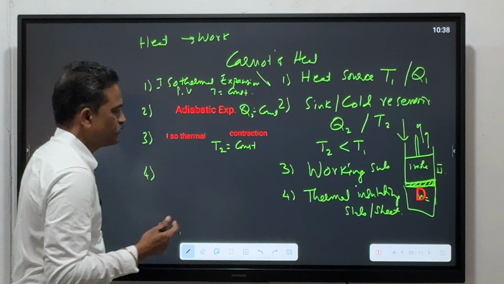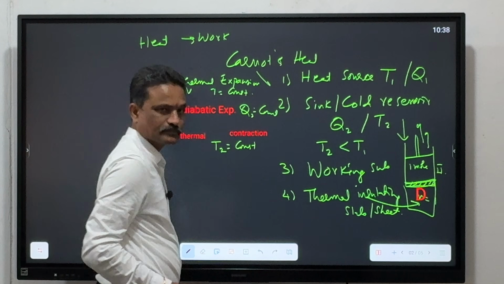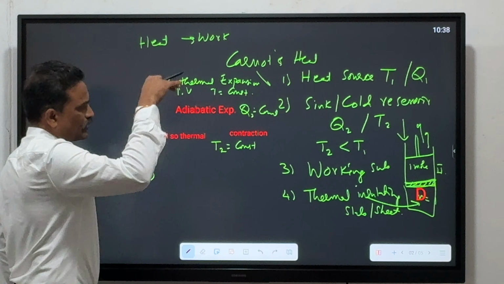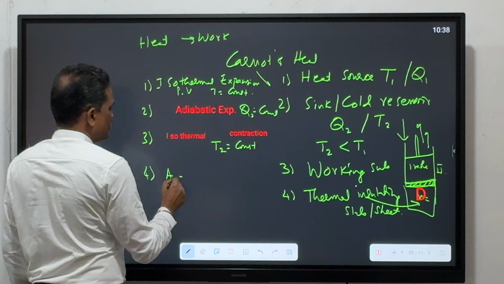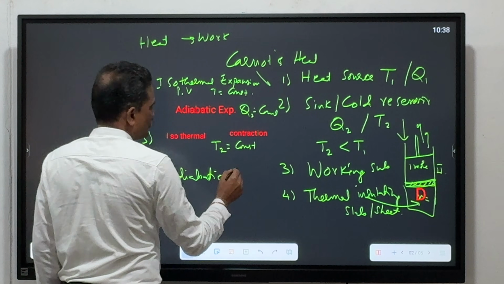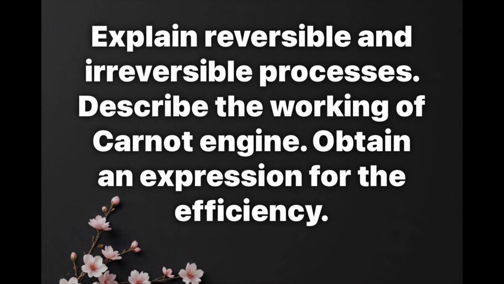And the fourth step, once again I place it on the thermal insulating slab, a rubber slab for example. I further push the piston. This is adiabatic compression. So, how many processes are there? 4 processes.